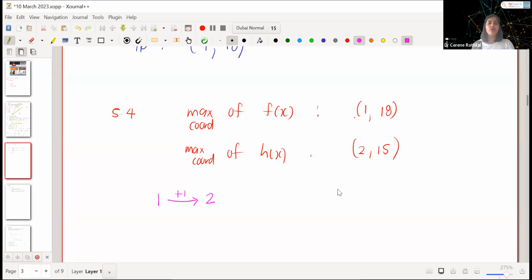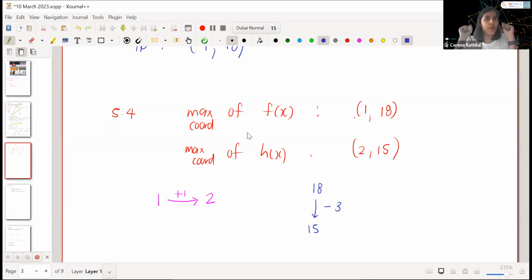And then I observe the y values also changed. And what happened to the y values? Originally, it was 18, and now it decreases to 15. What is the change in here? The change is -3. So that is what I now want to take heed of. I want to observe what is the change in the x values and the y values.